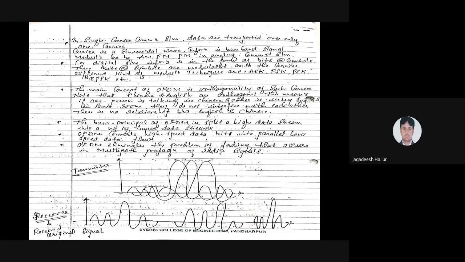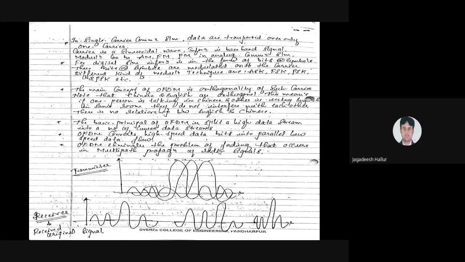If the data bits, symbols, or bytes are high, they are divided into smaller bits, smaller symbols, smaller bytes. That function is done in the OFDMA technique.